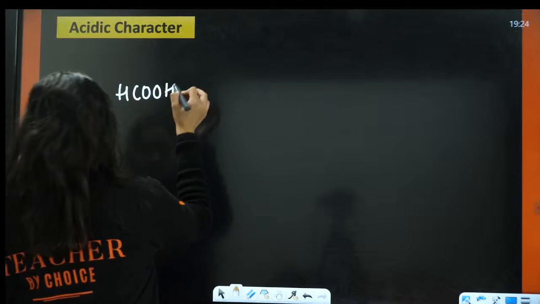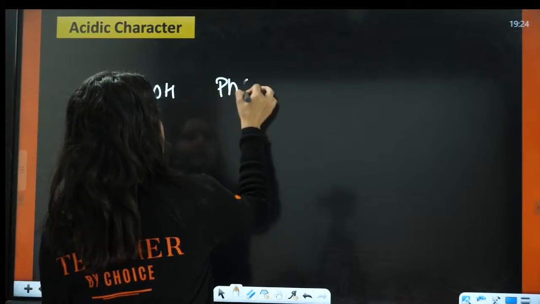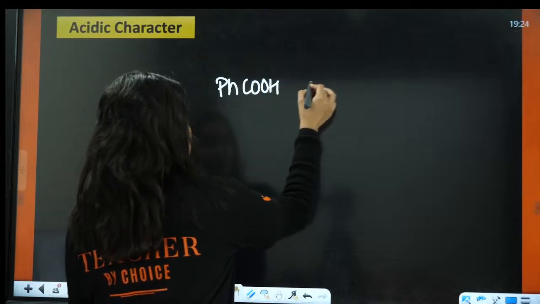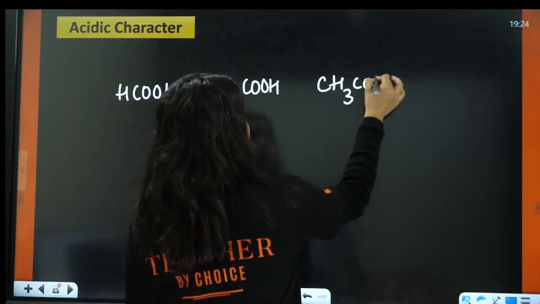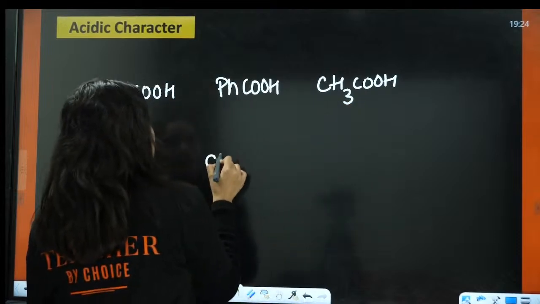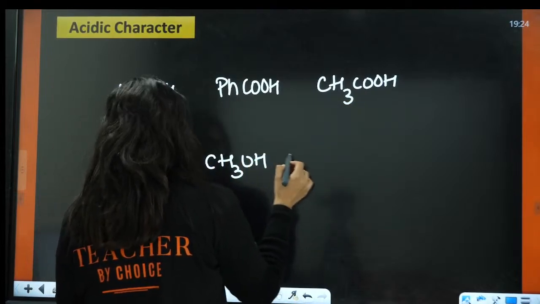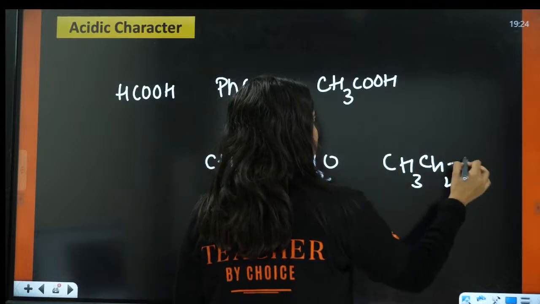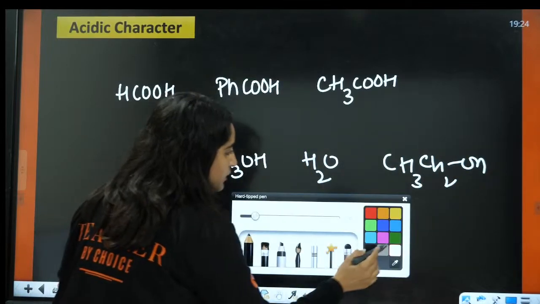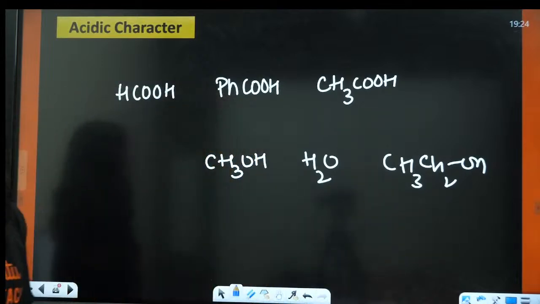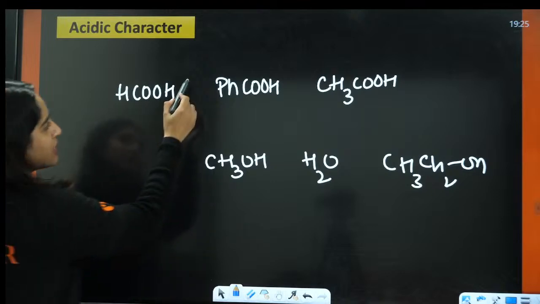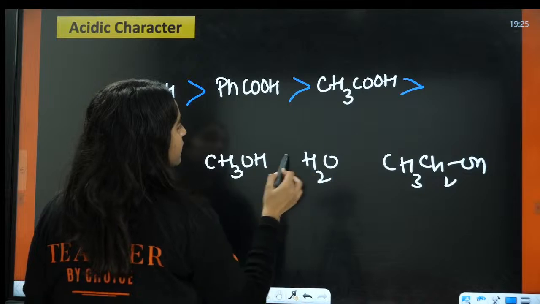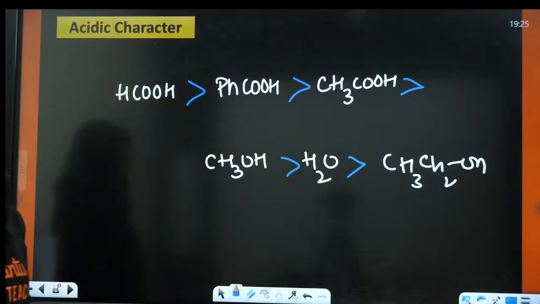Now tell me, what is the right order of acidic strength? Is this the decreasing order or the increasing order? This is the decreasing order of acidic strength, right?